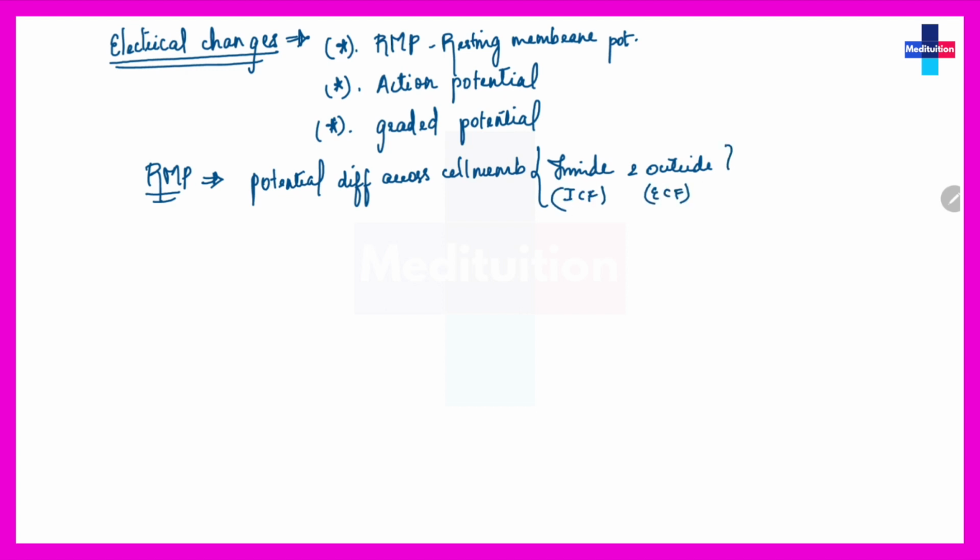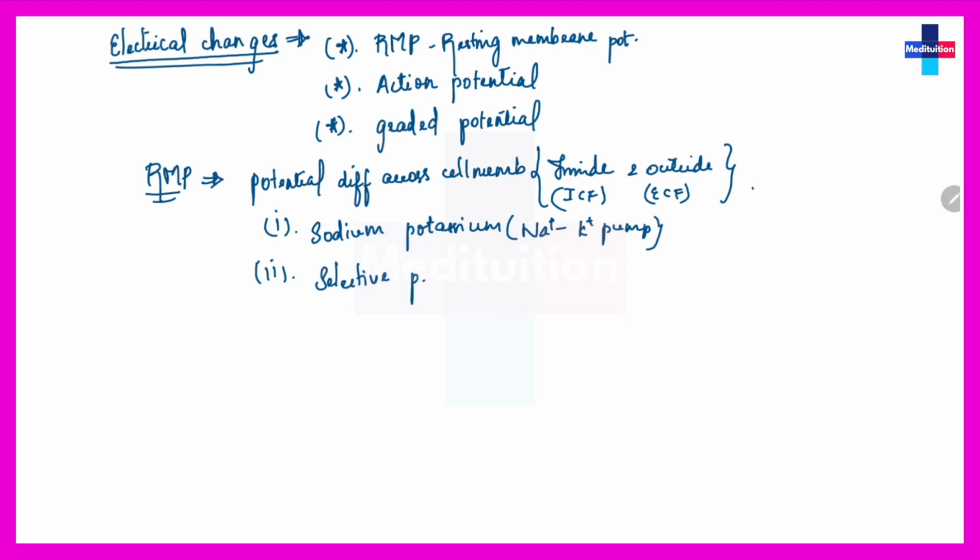This difference between them should be maintained in a balanced way, so that the ionic basis is maintained and your ions stay at the resting membrane potential. On this basis we need a balance between the first, the sodium potassium pump, the Na+ K+ pump, and then the selective permeability of the cell membrane.